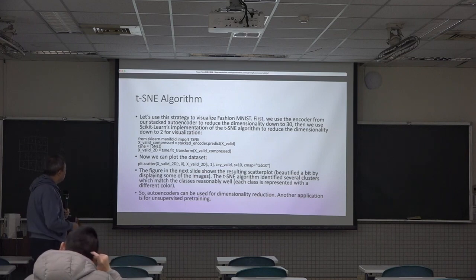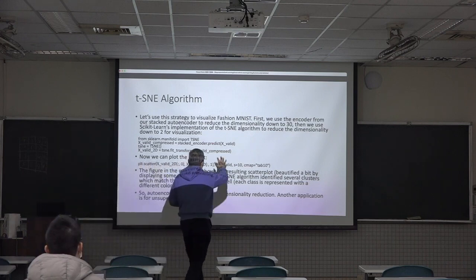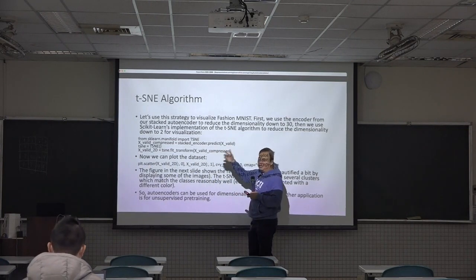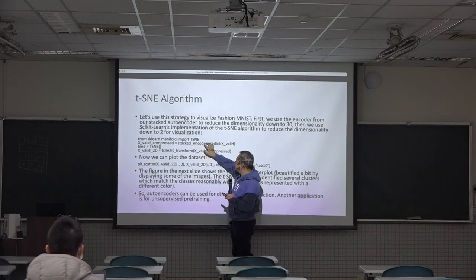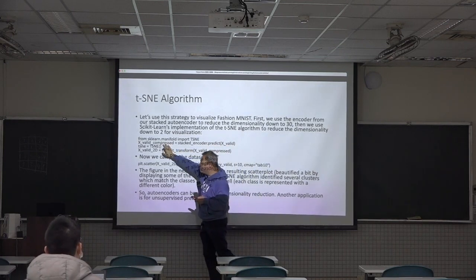You give it the X value compressed. This X value compressed comes from here: you feed the validation set of your Fashion MNIST as input to your encoder and apply prediction to get a coding of 30 dimensions.